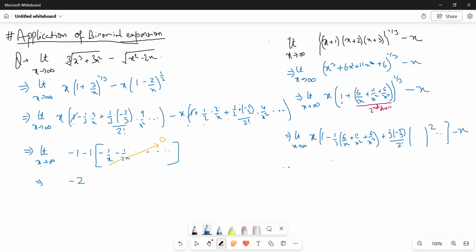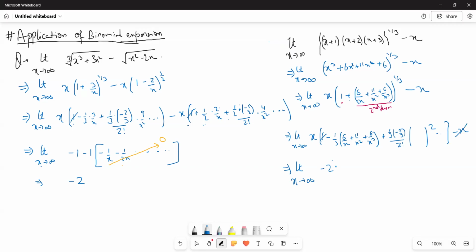Now when we start to simplify like the previous case, x into 1 will be plus x. So this cancels off with the x outside. Then the first term that we get is x by 3 multiplied by 6 by x, so x cancels, and 1 by 3 into 6 will give us 2.